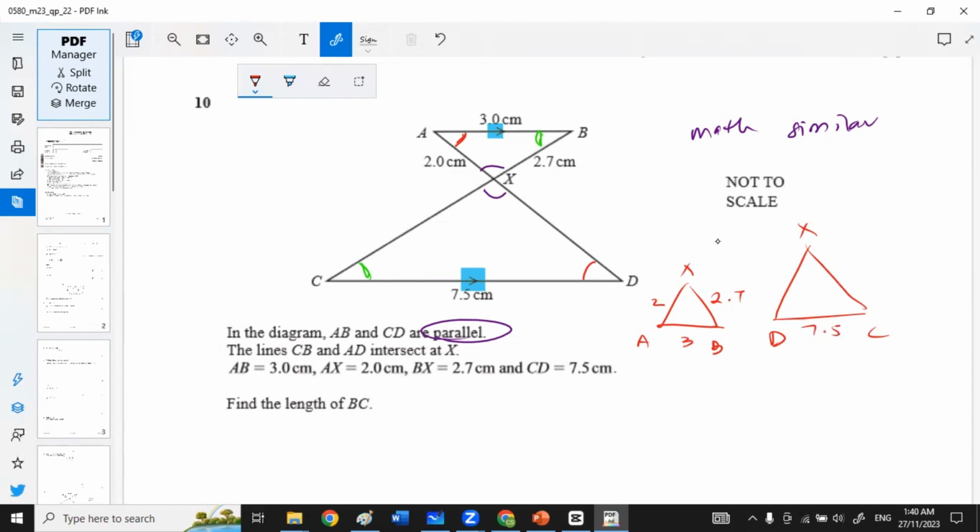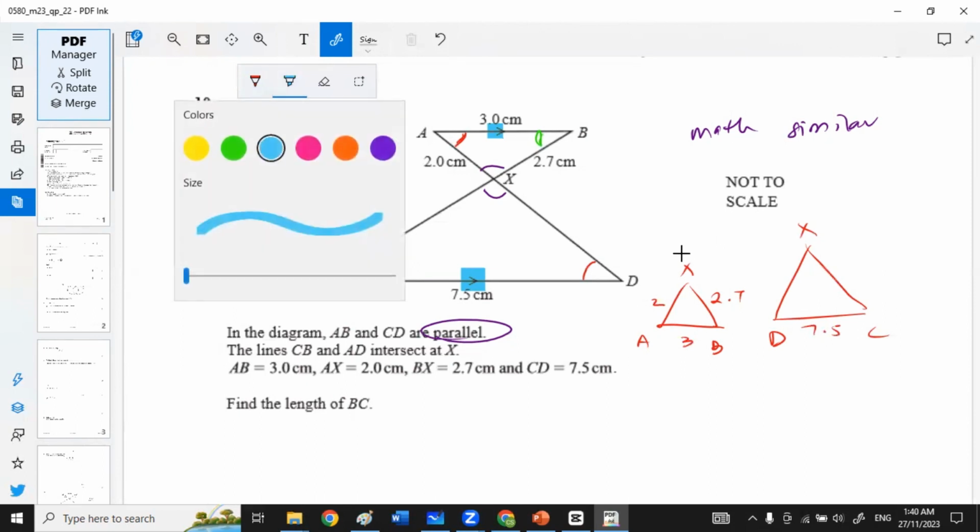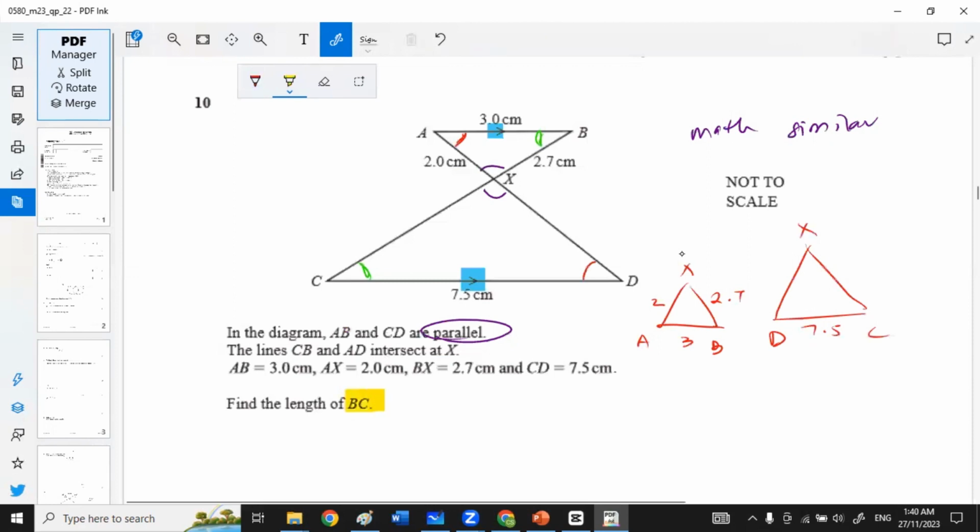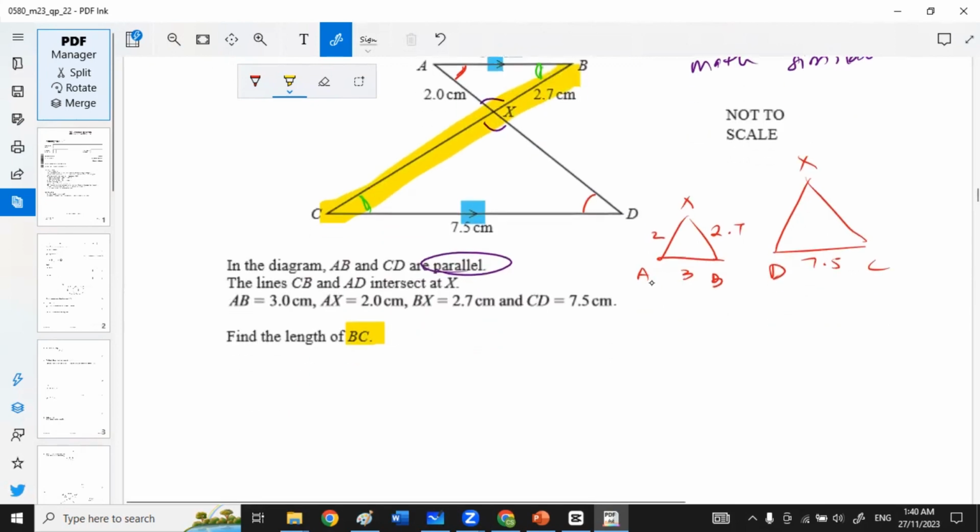And the question asks to find the length of BC, here. So BC basically is equal to BX plus CX. BX is 2.7 plus CX. We're going to find CX.